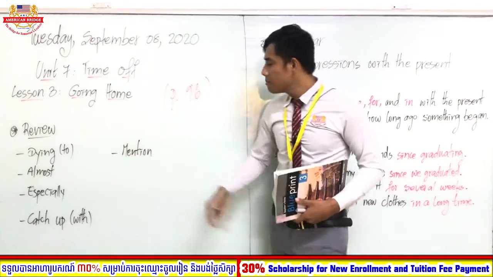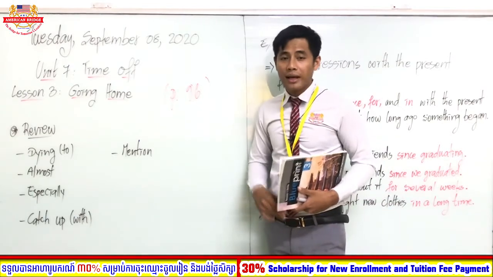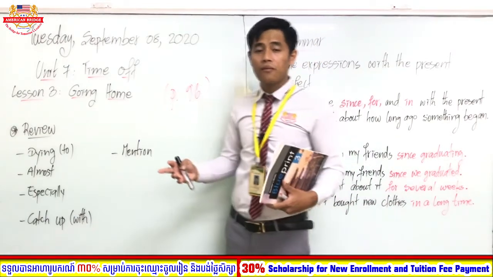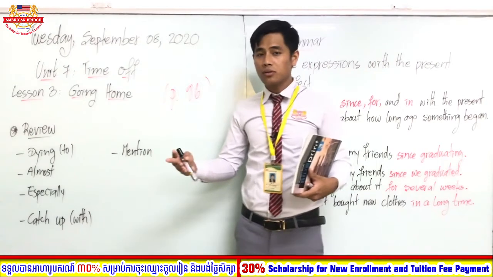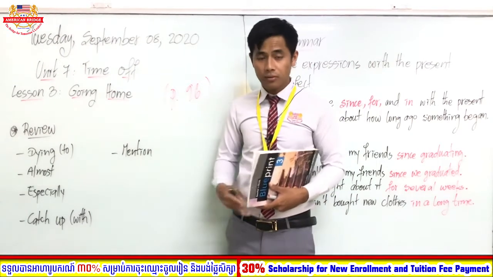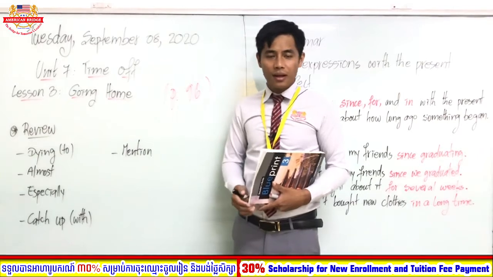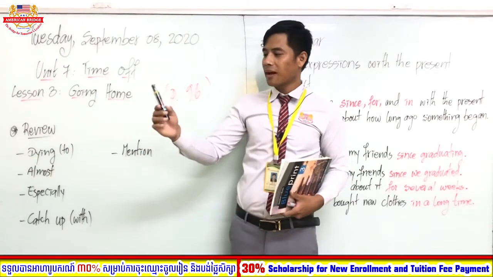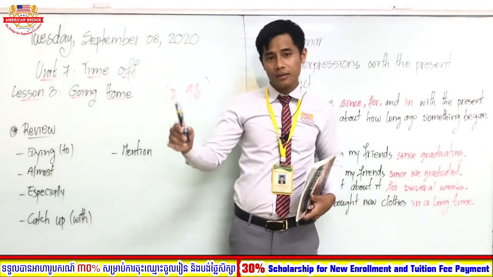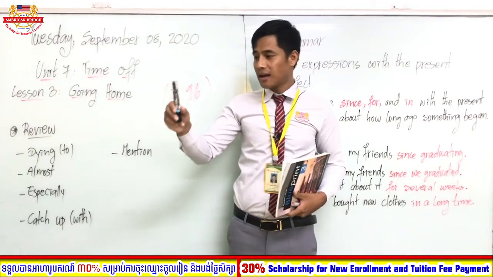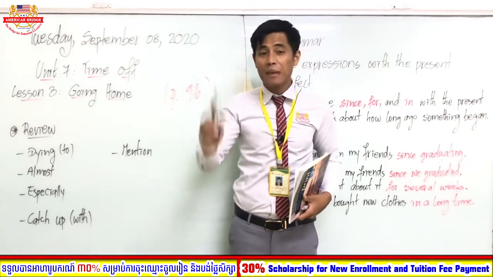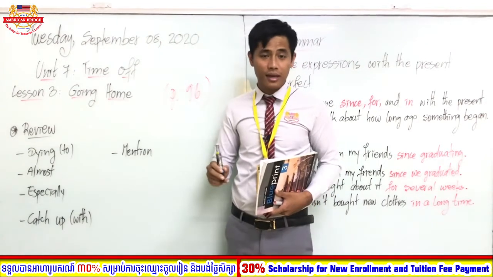The last one, mention. Mention means that we talk about something. For example, I talk about a marker. In my sentence, I talk about a marker, so I mention the marker.